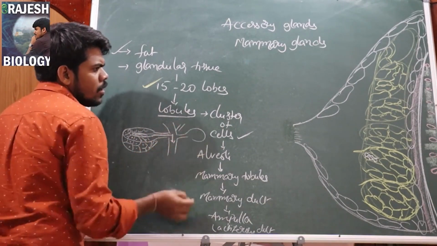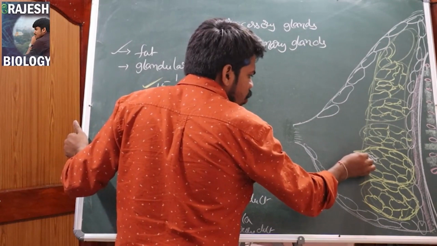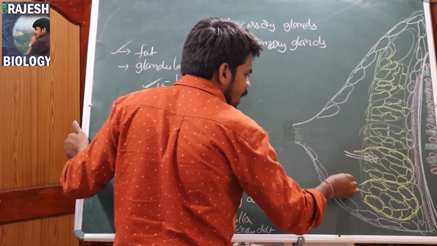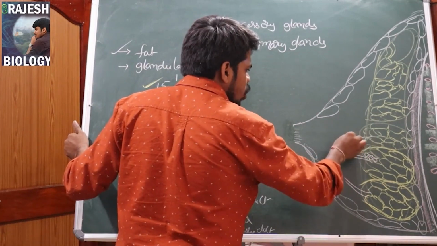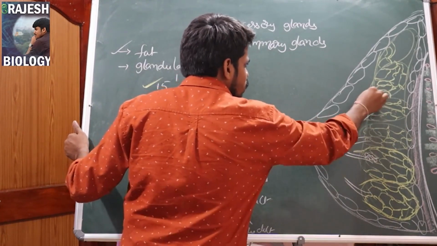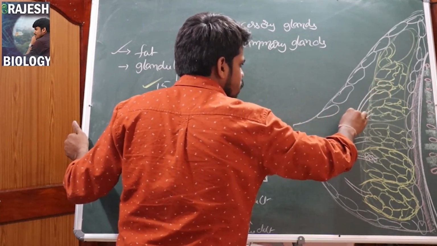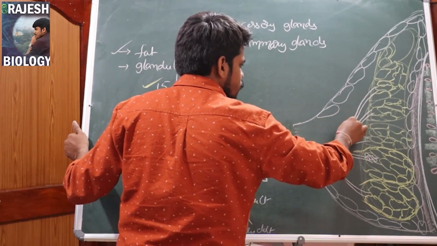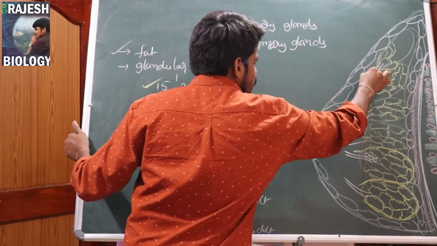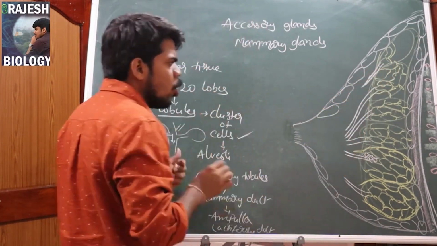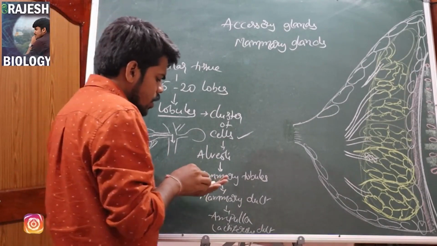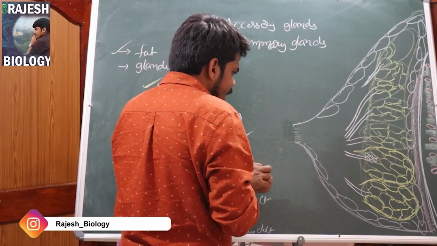Mammary tubules are present or come from each and every lobe like this. These are the mammary tubules. The mammary tubules of the different lobes together form the mammary duct.